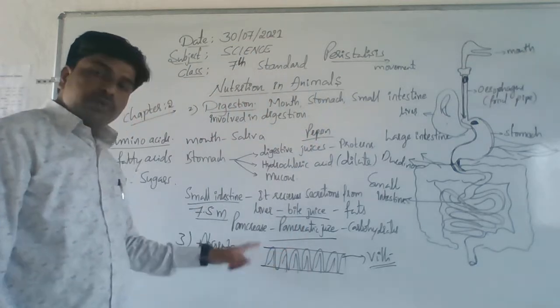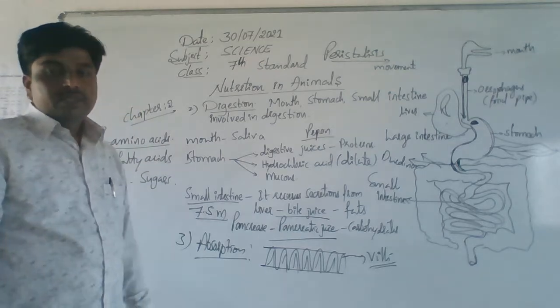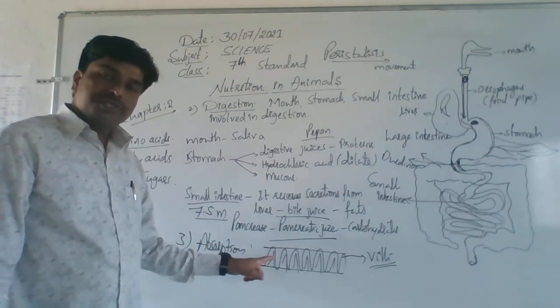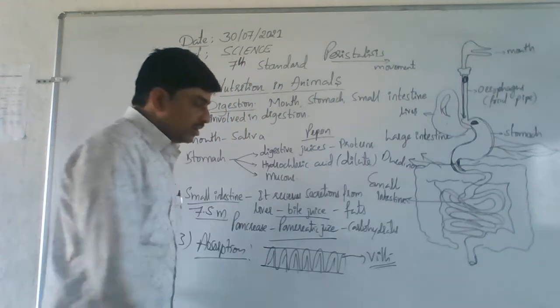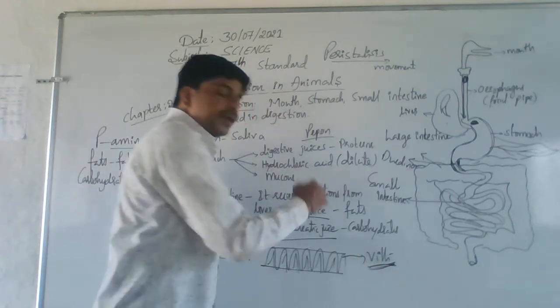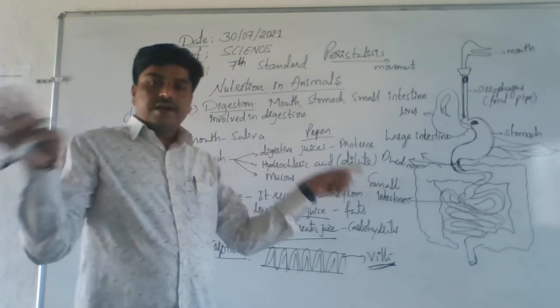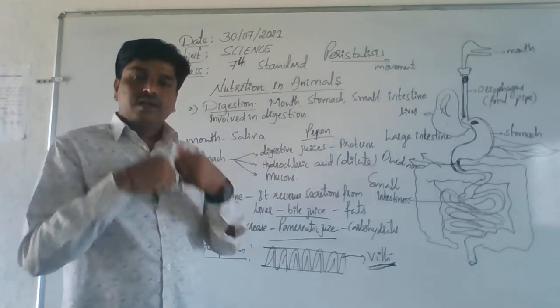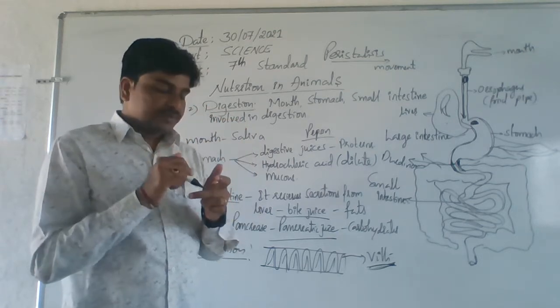The finger-like projections present inside the wall of the small intestine are called villi. Understand? They increase the surface area for the absorption of digested food.